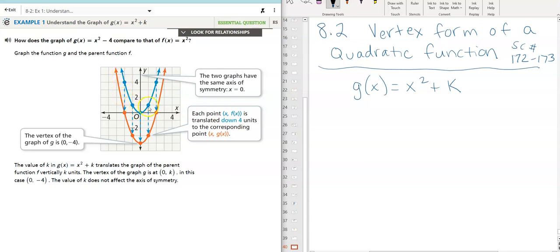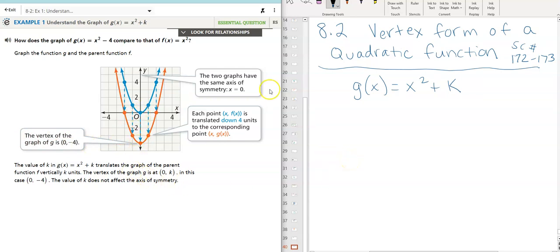So our function f, the point here is the same x value in each of these functions. And then if I go down 4, I get my new function here, okay? The vertex of the graph went from 0, 0 to 0, negative 4.